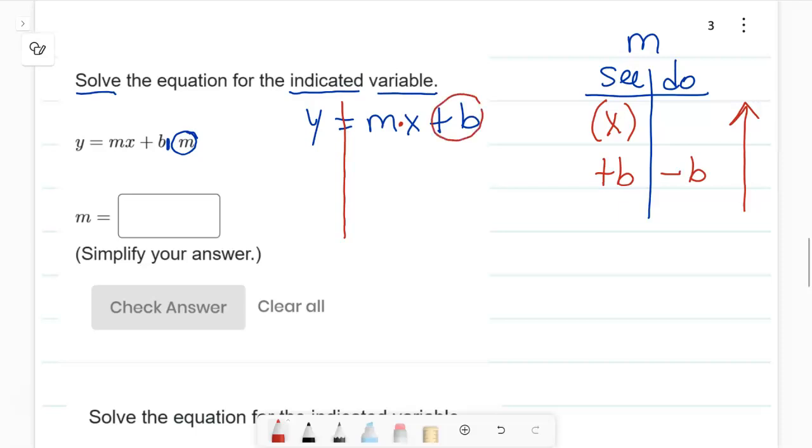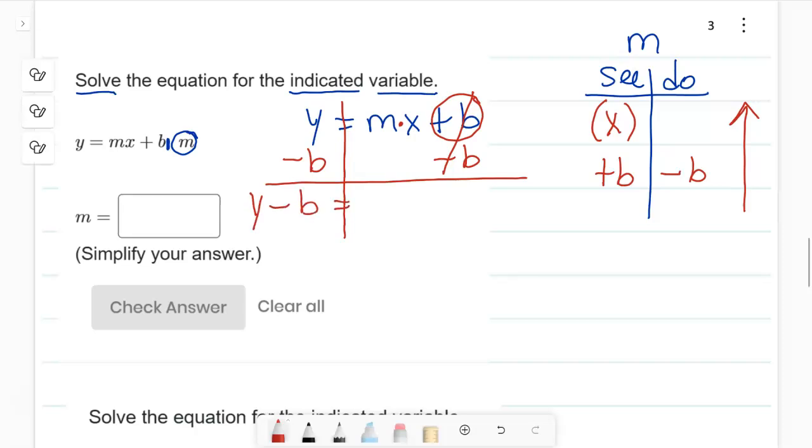So I'm going to subtract b from both sides so that the b can cancel. Okay, then you read it. What does that say? Y minus b. So you write y minus b equals mx.